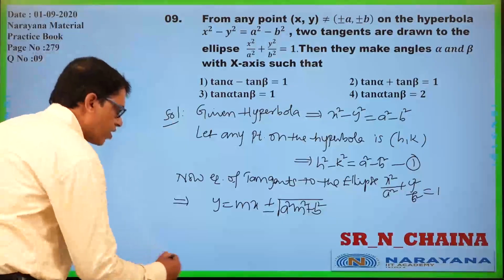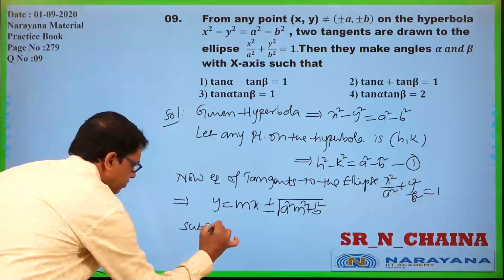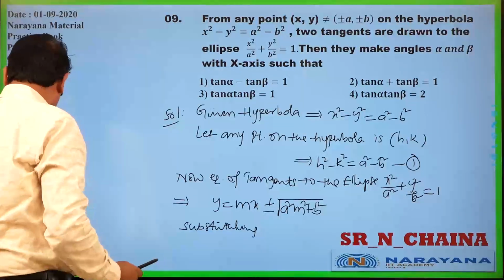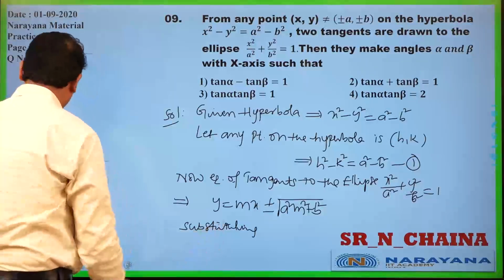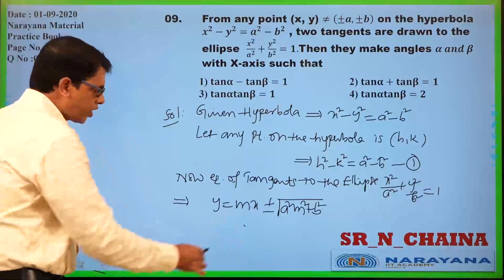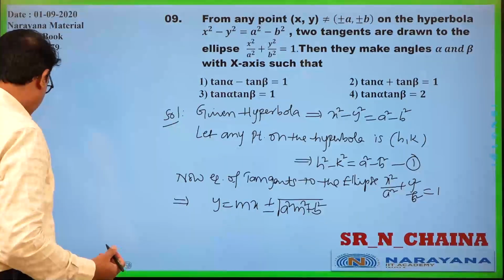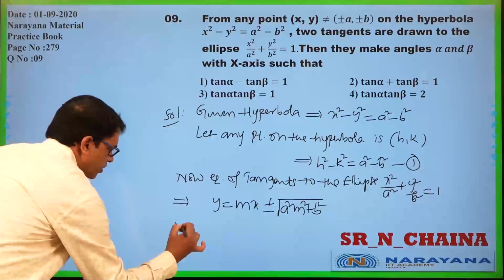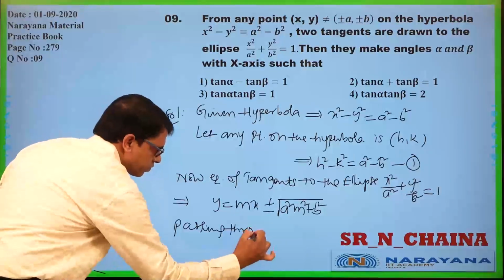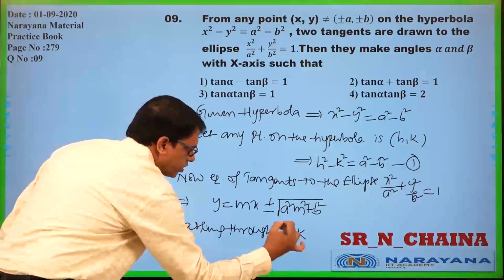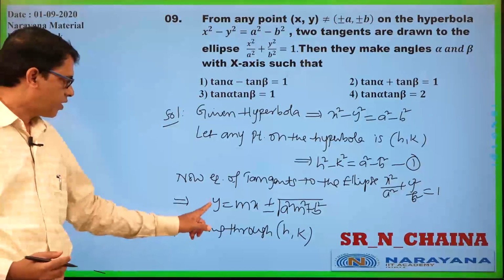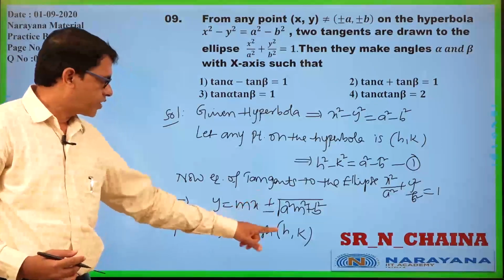Now, substituting h comma k, or otherwise, you say like this: these two tangents are passing through the point h comma k. Apply in the above equation, in the place of y k, in the place of x h.